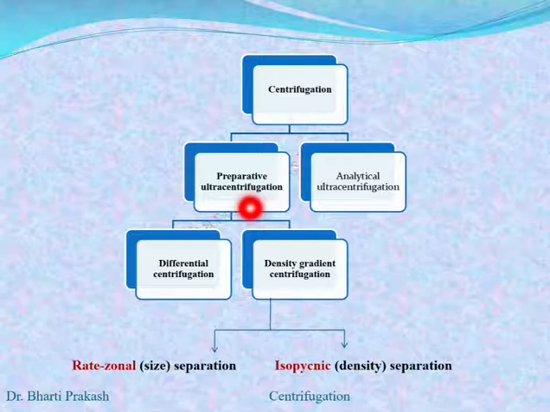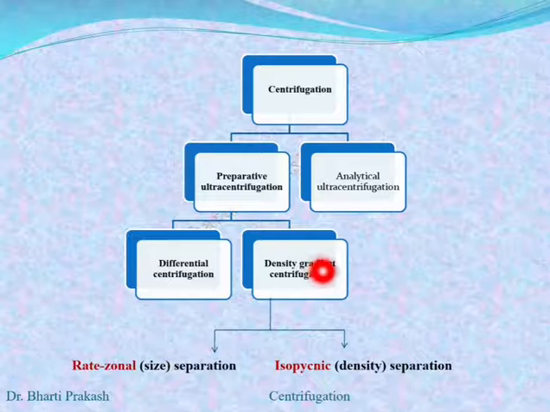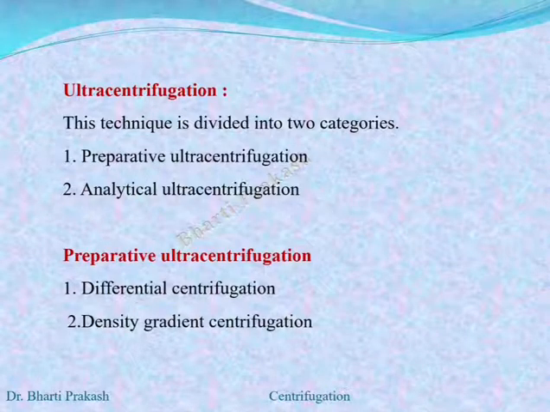A speed control system is present in them, and the rotor imbalance is electronically monitored, and it is enclosed in a heavy armor plating. So the preparative ultracentrifugation is divided into two categories: the differential centrifugation and the density gradient centrifugation. We will study today about the differential centrifugation.